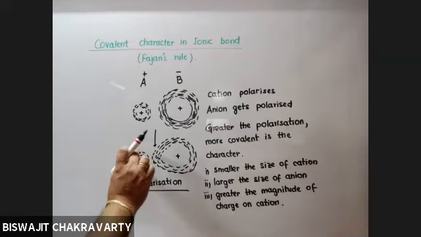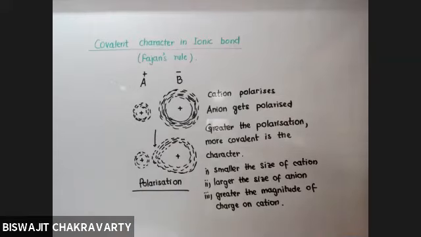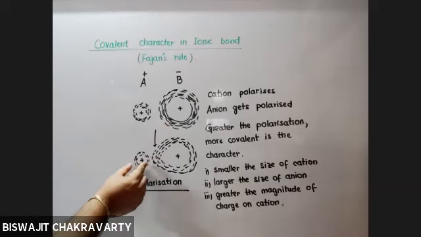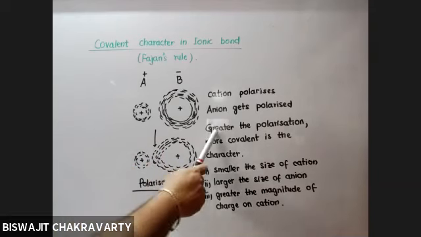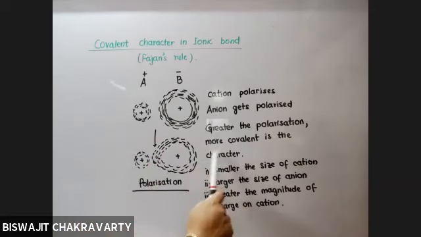So smaller the size of the cation, larger the size of the anion, and more is the magnitude of the positive charge on the cation, greater will be the polarization. And just now, as I said, greater the polarization, more covalent is the character. So hence, we will have to take care of these three simple rules, which helps us to understand the covalent character in an ionic bond.